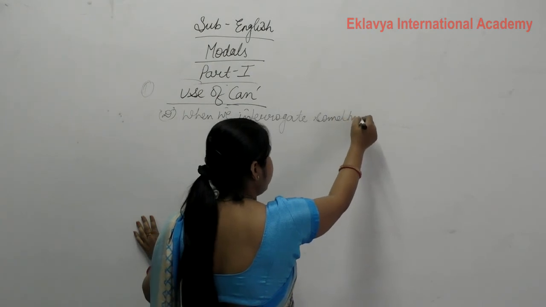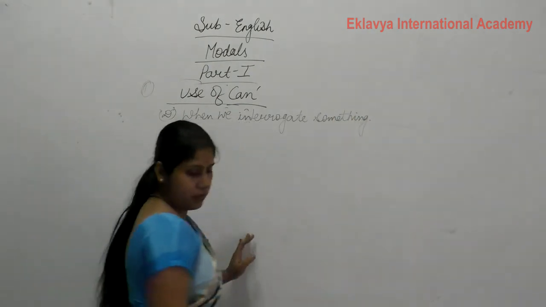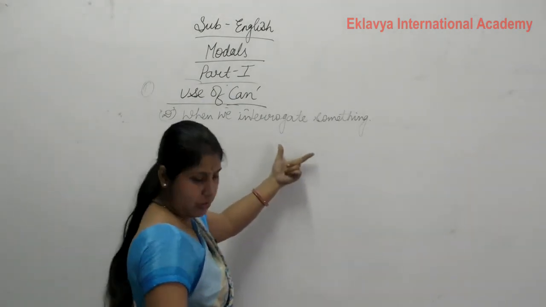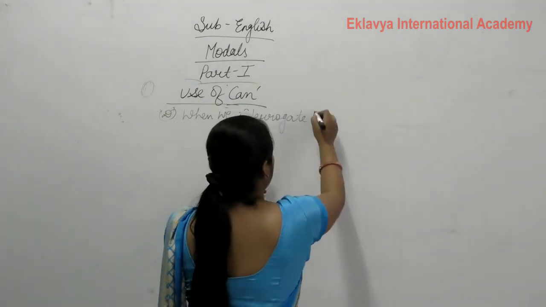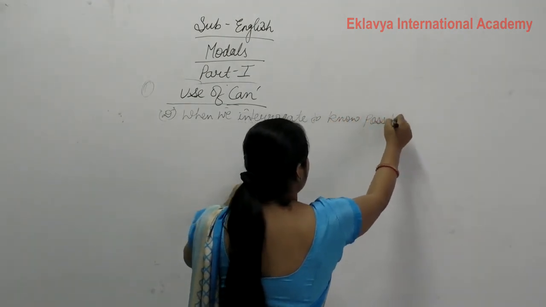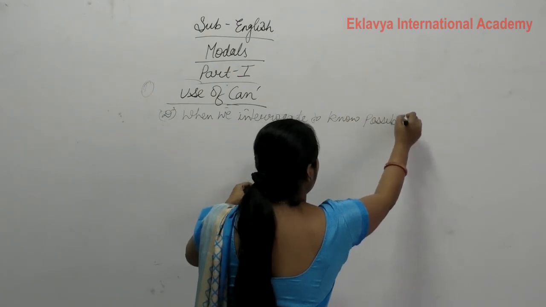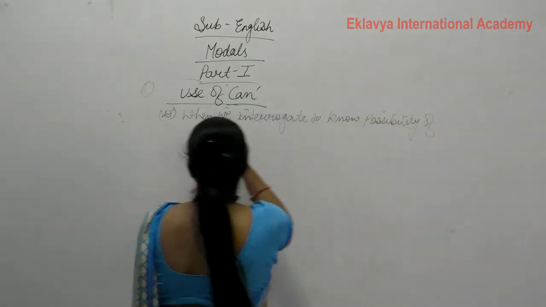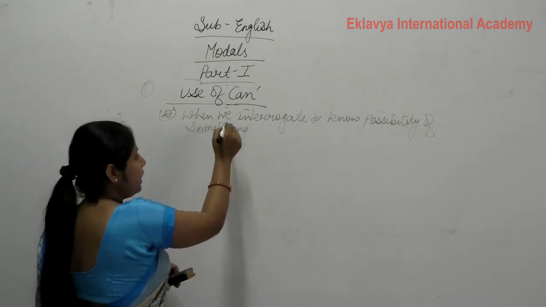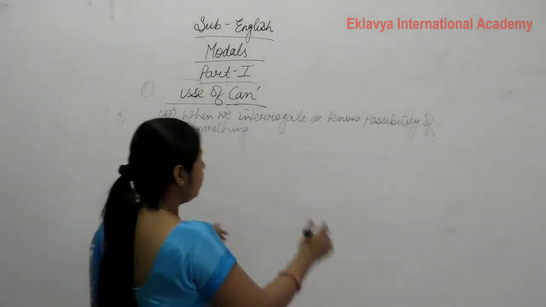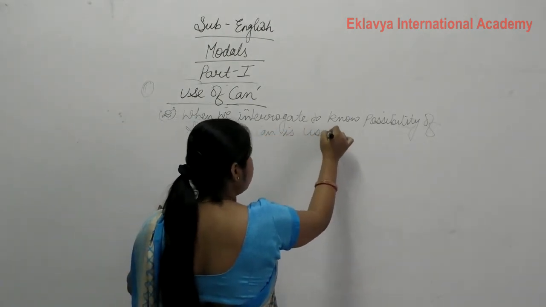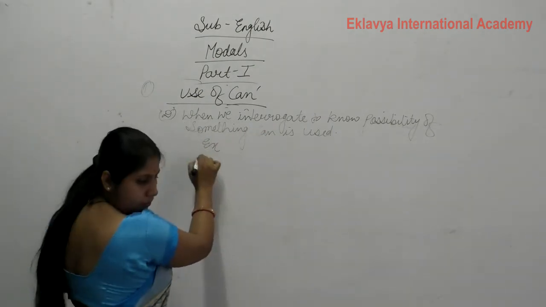Clear? When we interrogate to know the possibility of something, okay. When we interrogate the possibility of something, this is another point. How? Then can is used and not can is used. Okay. So how? Example C.